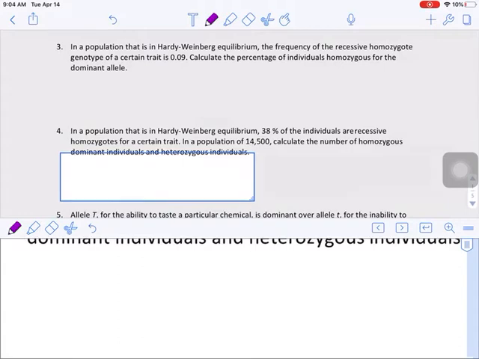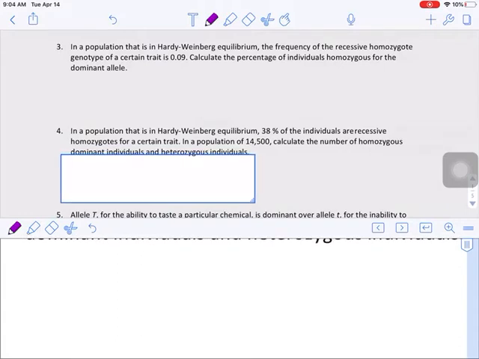So if it says that 38% of the individuals are recessive for that trait, remember that in Hardy-Weinberg, your q squared is your homozygous recessive trait. So I'm going to say that 0.38, that's 38%, is going to equal my q squared.